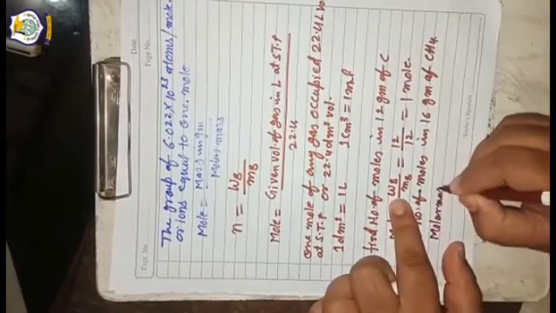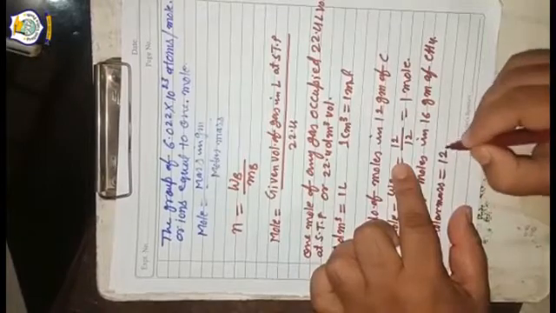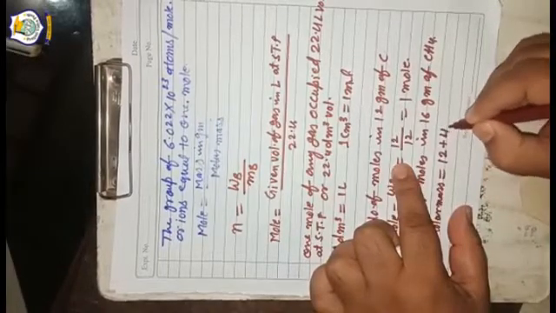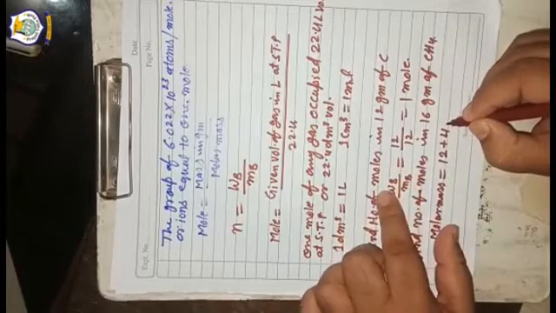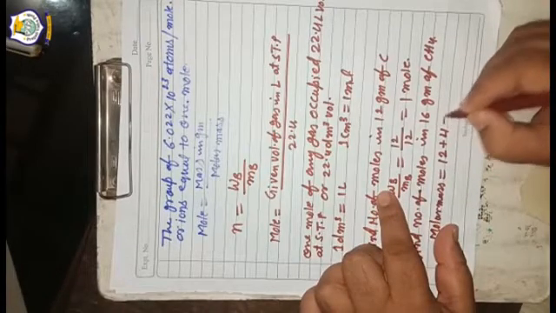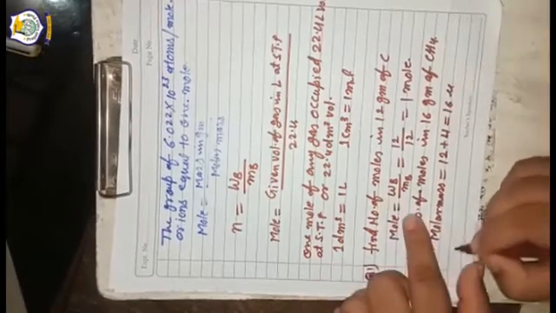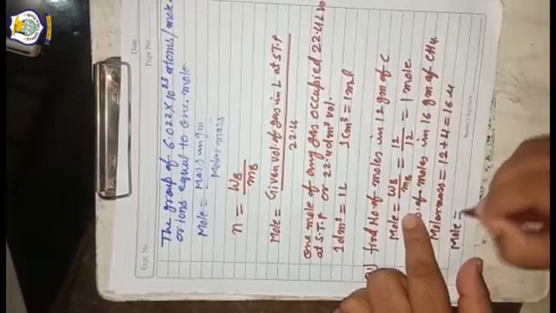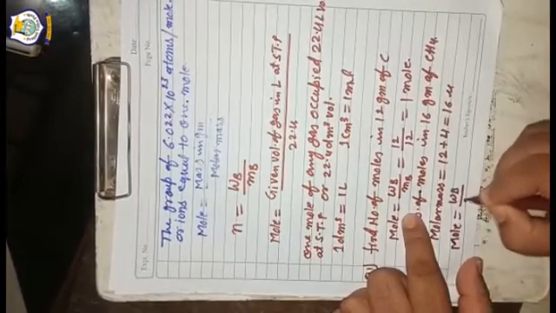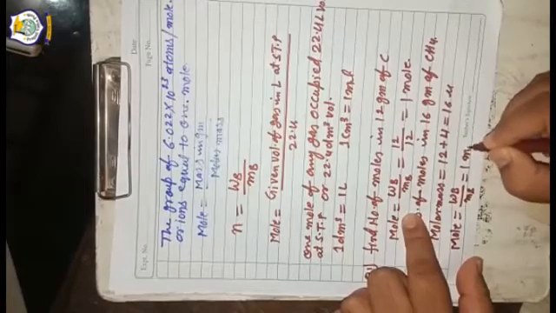Molar mass equal to 12, that is the atomic mass of carbon, plus 4, equal to the atomic masses of 4 hydrogen, their sum is 16 amu. Mole equals to WB upon MB equal to 1 mole.